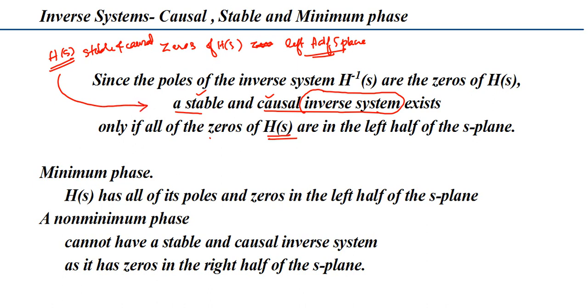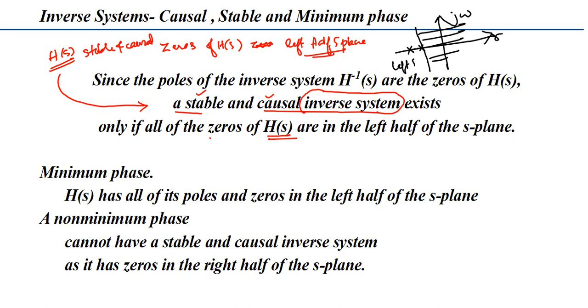We already discussed in the previous lecture how to check causality and stability. This is the sigma axis, this is the j omega axis. In order to check whether a system is causal or stable, we actually monitor the poles. If a system is causal and stable, it should include the j omega axis and all the poles should be on the left half of the s plane.